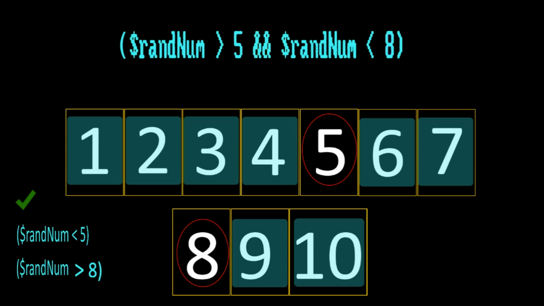So we never covered 8 and 5. So when the random number generated is equal to 8 or equal to 5, it's going to say WTF. If instead of having random greater than 5 and less than 8, we had random greater than or equal to 5 and less than or equal to 8, then we would have covered all possibilities.